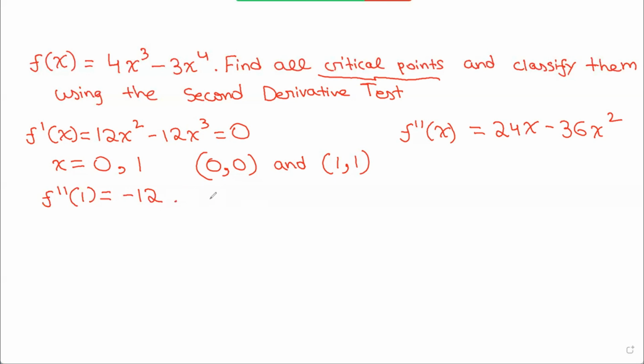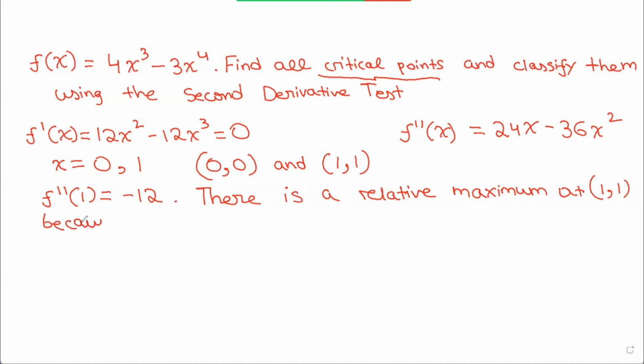Thus, we can conclude that there is a relative maximum at 1, 1, because f prime of 1 is equal to 0 and f double prime of 1 is negative 12, which is less than 0.